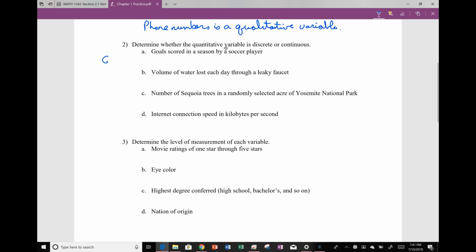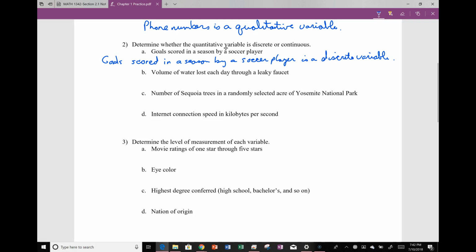Therefore, goals scored in a season by a soccer player is a discrete variable because it's not in between 1 or 2, it is strictly 1 or it is 2.